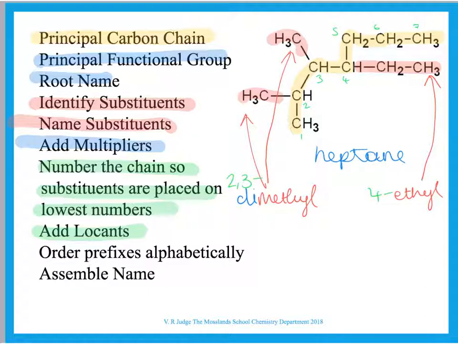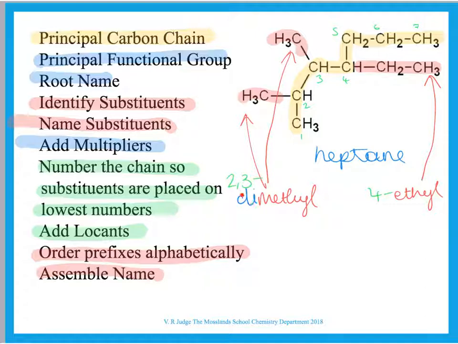Okay, so now you have got all the different parts of the name. You've got a prefix, and you've got a root name, and the suffix in this case is just -ane because you don't have a primary functional group that takes a suffix. And now all you need to do is, as it says here, order the prefixes alphabetically to assemble the name. So when you're ordering alphabetically, you need to make sure that you ignore the multiplier.